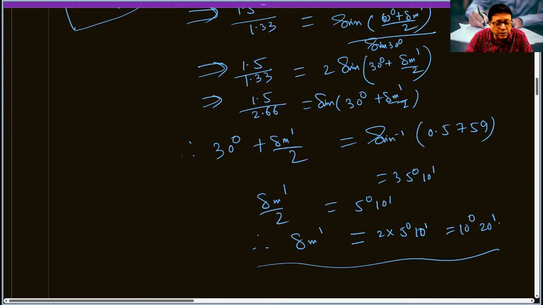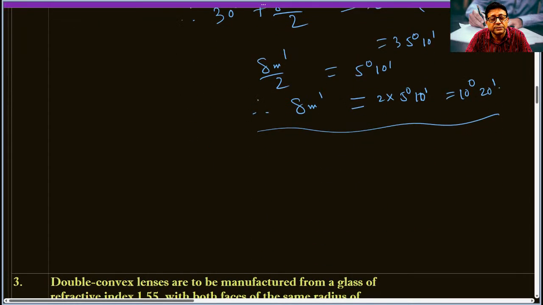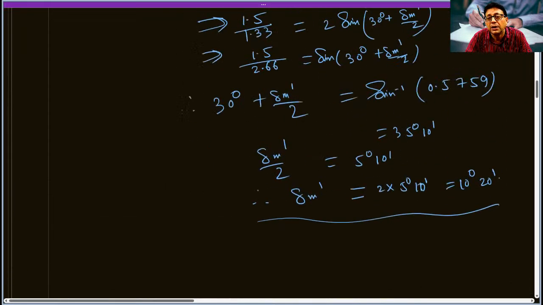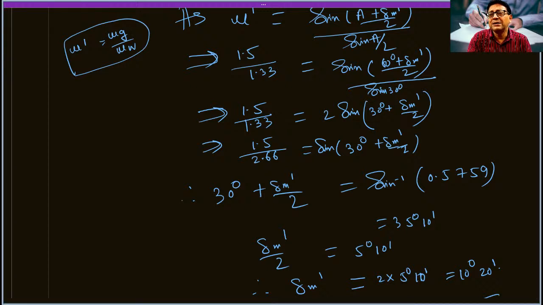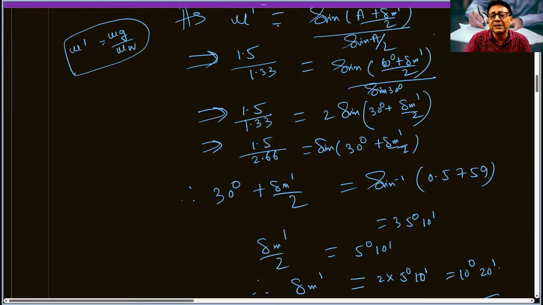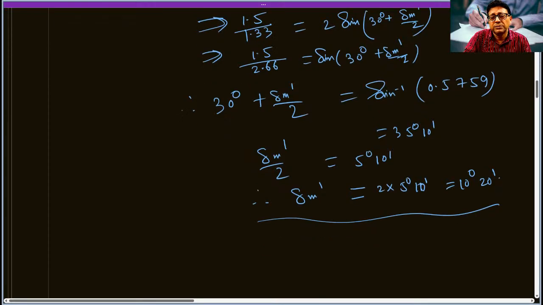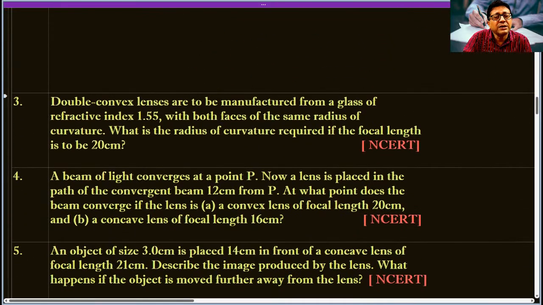Now let us go for the next problem. It's okay? You have understood? Anybody has any problem? Not a difficult sum. Just ray optics means ray diagram. If the ray diagram is in your mind, and then the formula, then you will do it very fast. Let us do the next one.